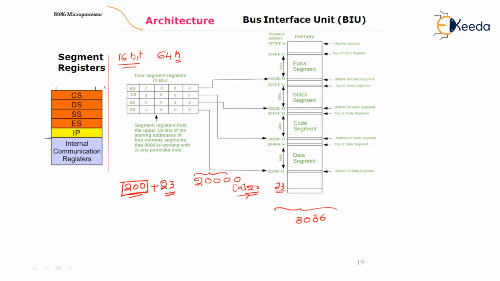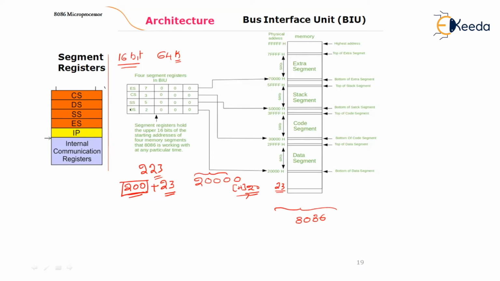So 200 plus 23 is 223, the desired address required by the programmer, that is the 23rd address within the data segment. The starting address of the data segment, 200, gets added to 23, total 223. Thereby you will be able to access the 23rd location within the data segment.